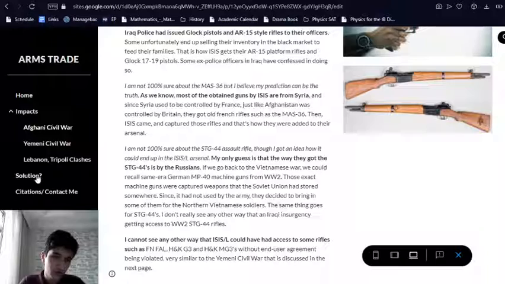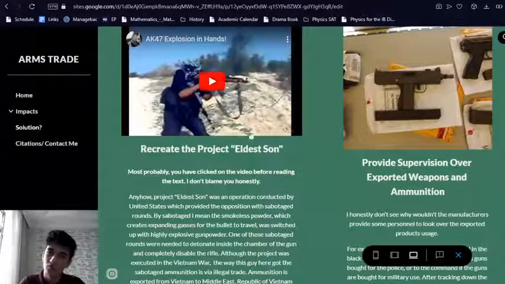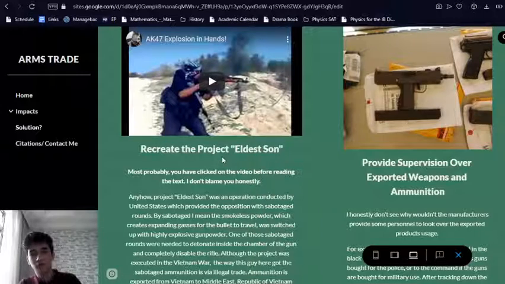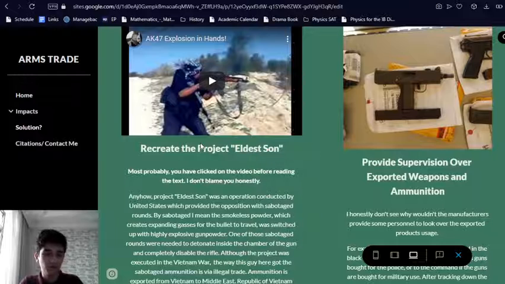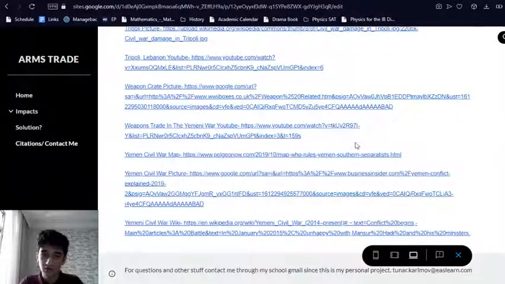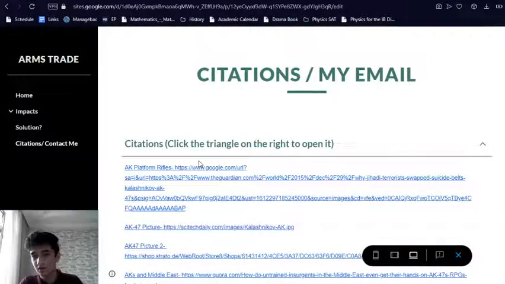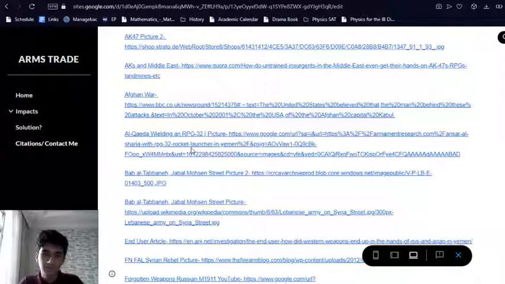The solution provides 2 solutions, such as provide more supervision, also recreating the Project Eldest Son, which was a doctrine, I believe, in Vietnam, used by USA. Also the citations, it's a drop-down text, features all the YouTube videos, articles, some Wikipedia pages, some really not much. Pictures as well. Everything is here.